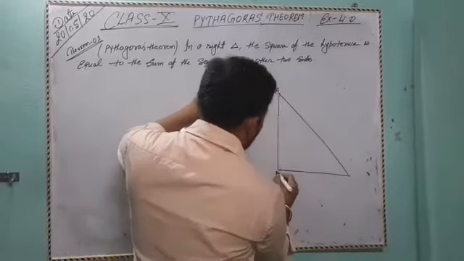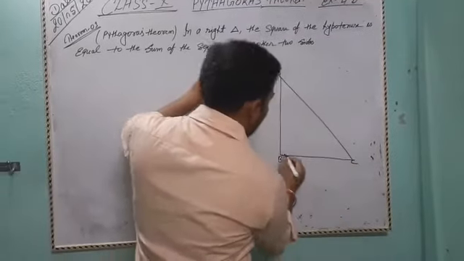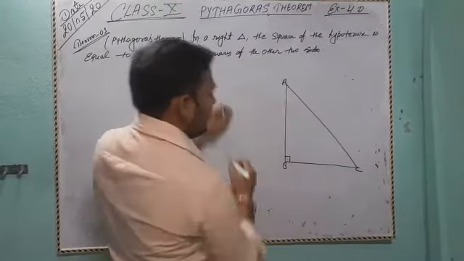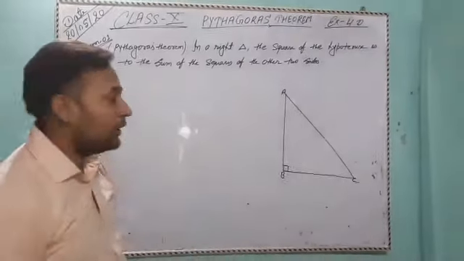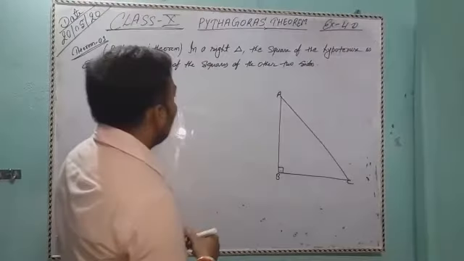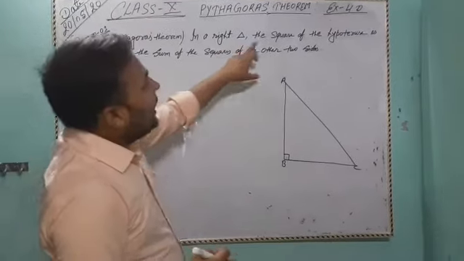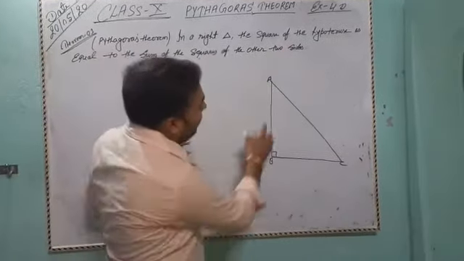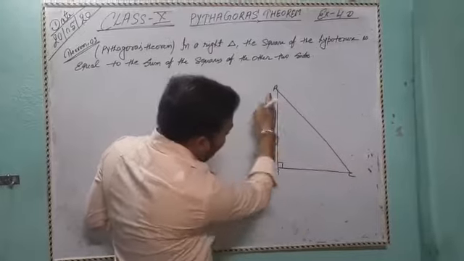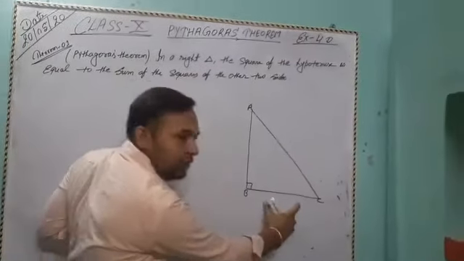ABC. Angle B is 90 degrees. In a right triangle, AC is the hypotenuse, AB is the perpendicular, and BC is the base.